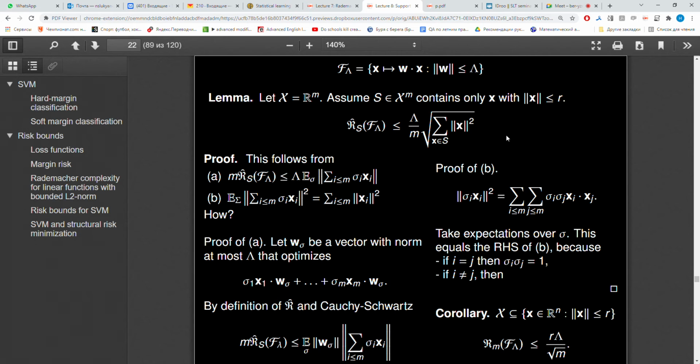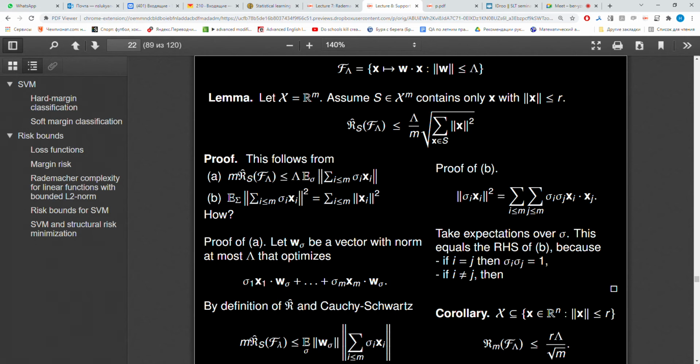Usually we want to use vectors W with bounded length, so we usually use this type of set of functions. Like we want to find the best hyperplane, but such that the vector W has bounded norm.